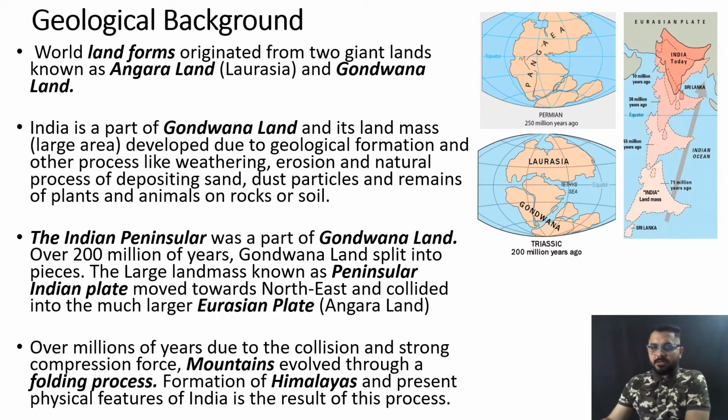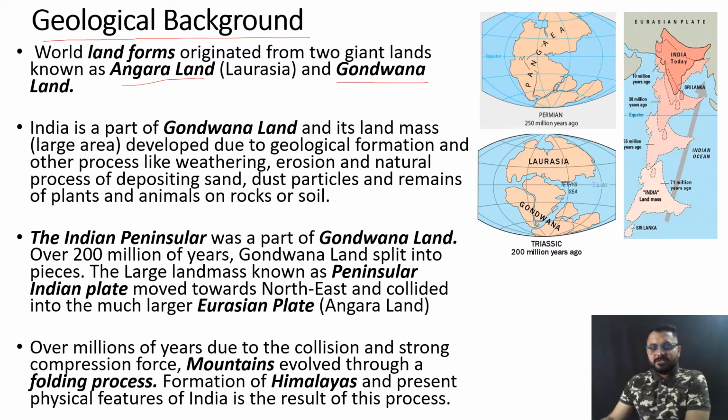Let us now discuss the geological background. Let us understand how the world's landforms originated. The world's landforms originated from two giant lands known as the Angara land and the Gondwana land.